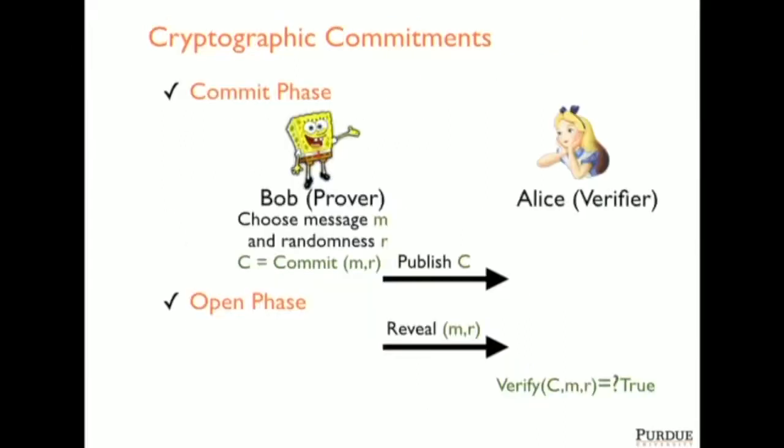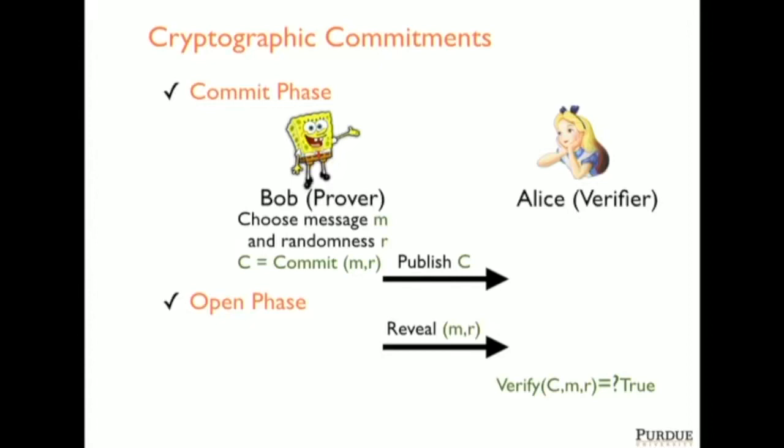Just to give an example of how this typically happens, consider a very simple primitive, which is a commitment protocol. A commitment protocol is a protocol between a prover and a verifier, and it works in two phases. In the first phase, the commit phase, the prover wants to commit to a particular message. So he takes this message and the randomness value r, and uses a commitment algorithm to obtain a commitment c.